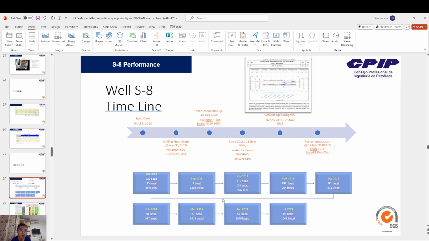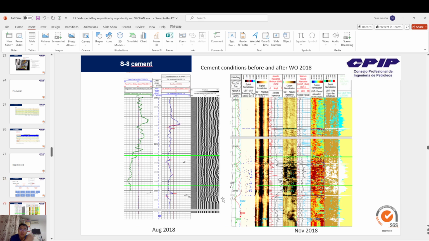Restart production from November 27, 2018 with 315 barrels per day and 40% BSW. This is the cement quality checking in August 2018 and after squeezing in November.